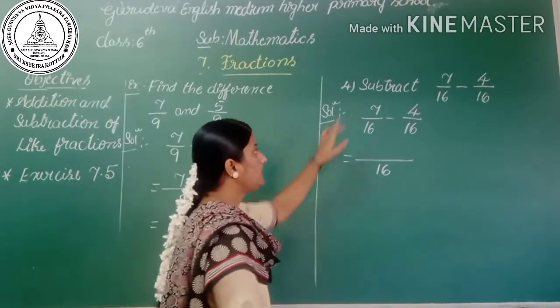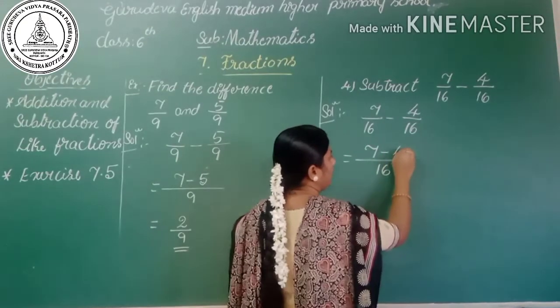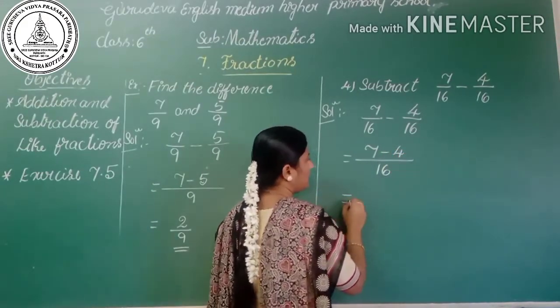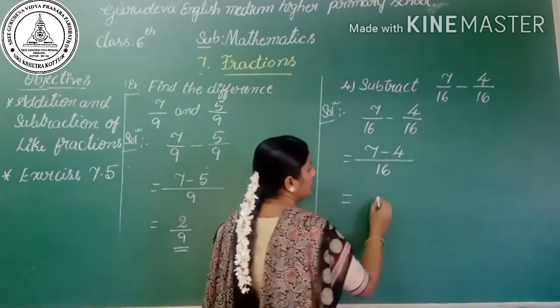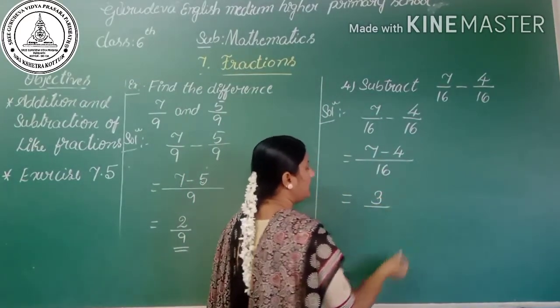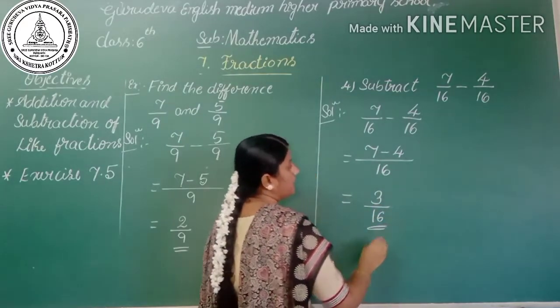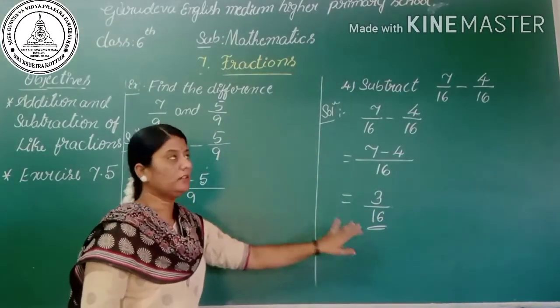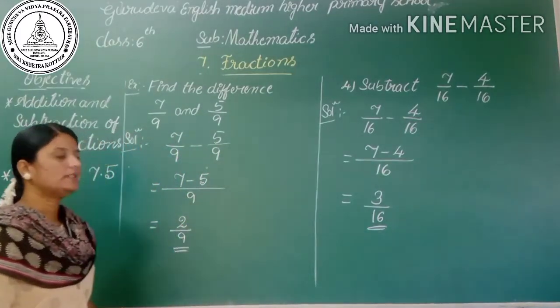Then subtract the numerators, 7 minus 4, which is 3, divided by the denominator as it is, 3 by 16. So it is the obtained difference of 7 by 16 and 4 by 16.